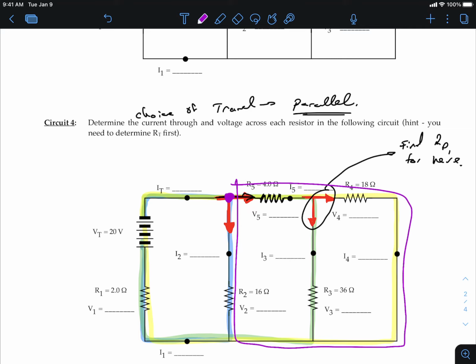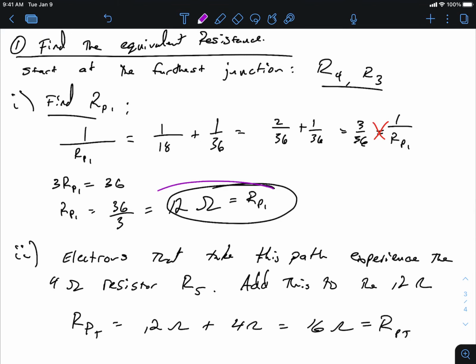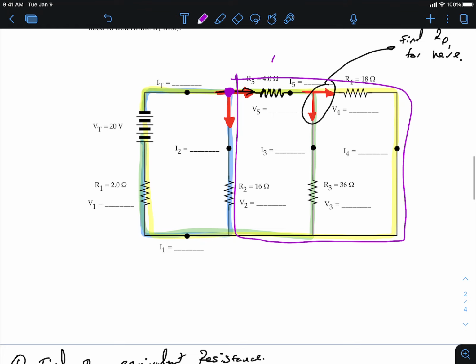So what RP does is it can't keep track of what they do every single time. So it's almost like an average, right? For this portion of the circuit, the electrons are going to experience on average, was it 16 ohms we said? 16 ohms. 12 ohms. Oh, sorry, no, the 16, I was right. Because they encounter this no matter what.